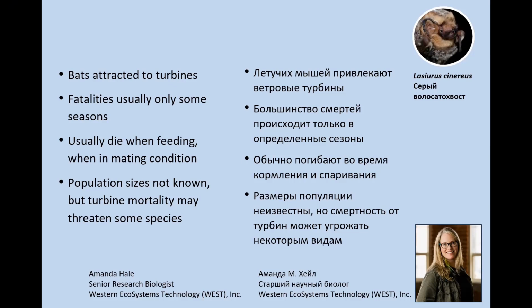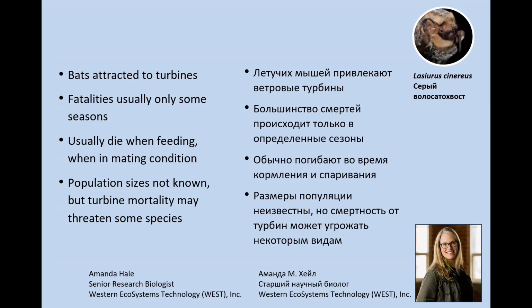When bats are found dead, they usually die when they are feeding and when they are in mating condition, right? So it's the mating season, it's when they are feeding. And one of the most difficult things about understanding impacts to bats is that for bats, population sizes are not known.